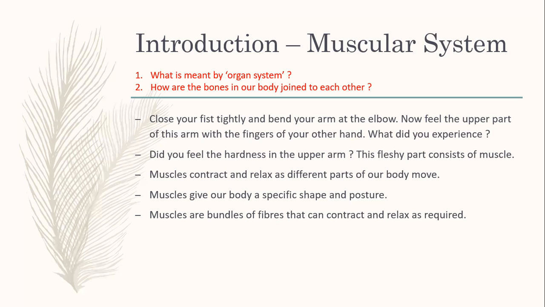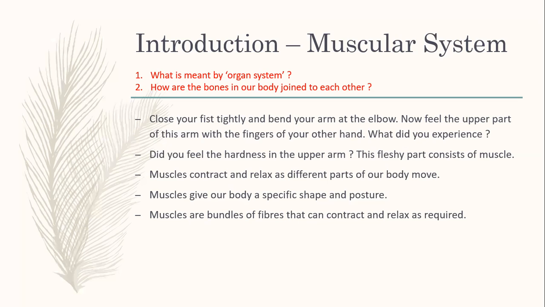Now, that hardness is not something really, really hard, but it is a part of your body, the fleshy part that becomes hard enough that you see when you bend your arm, that is called the muscles. So whatever bulge you are touching on your arm is the muscle that you are feeling in your arm.